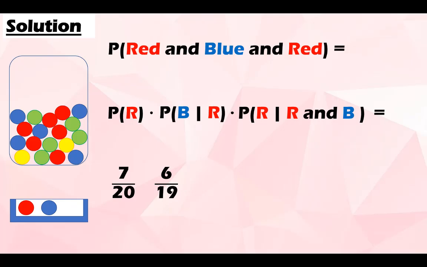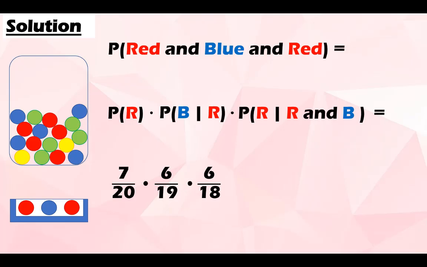So the probability of choosing a red marble, given that we've chosen a red and blue already, is 6 out of 18. So we pull that marble out and put it on our tray. Then we multiply these together.